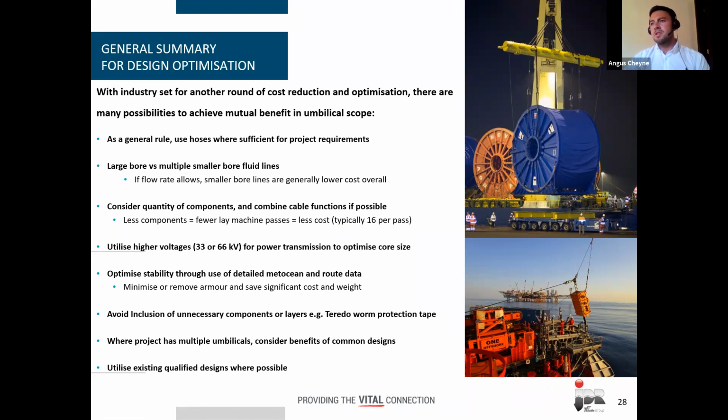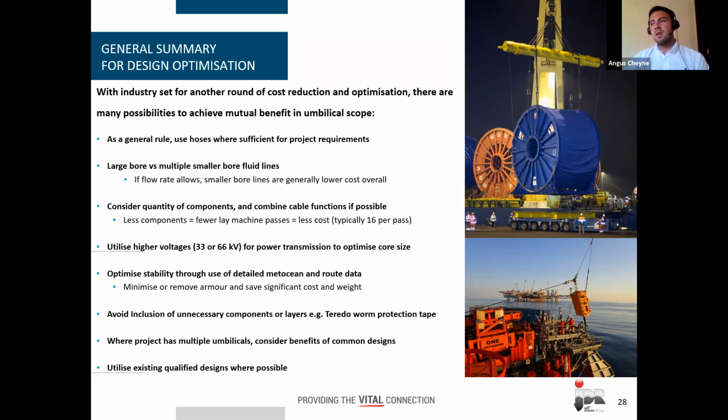You may want to consider using multiple smaller bore lines rather than large bore lines, as it's generally lower cost overall, although I know it does depend on flow rate. You should also look to combine cable functions if possible, as the lower number of components means fewer passes on the layout machine, which means less cost.